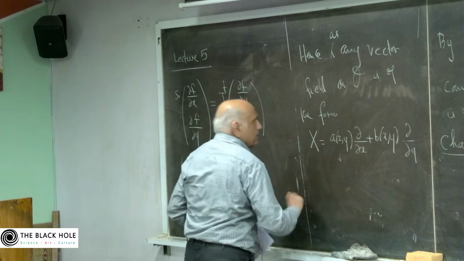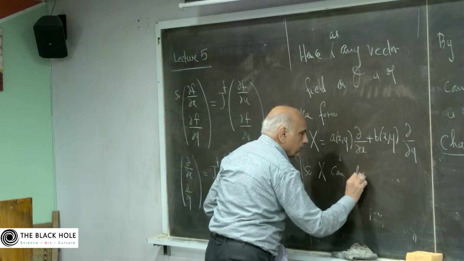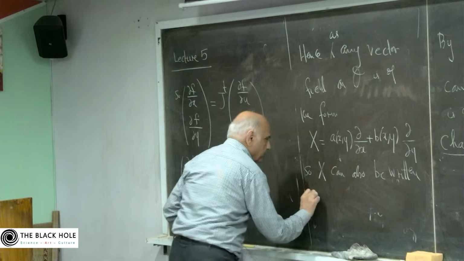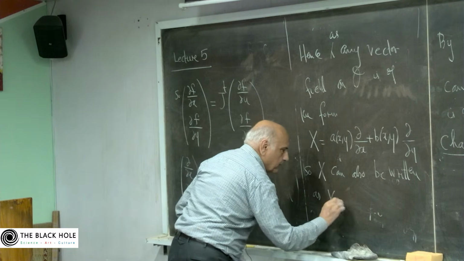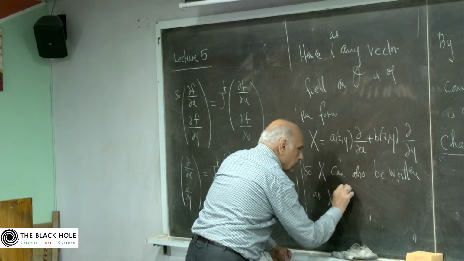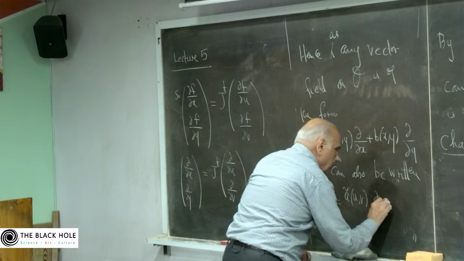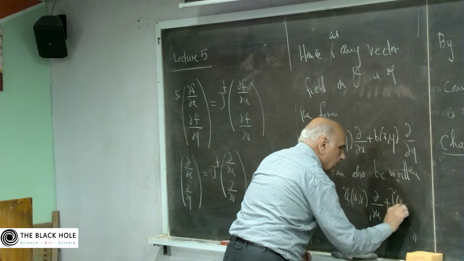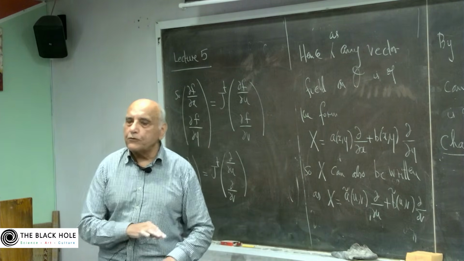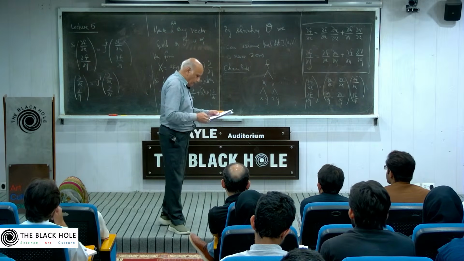So X can also be written as X equals some function, let's call it a tilde (u,v) partial by partial u plus b tilde (u,v) partial by partial v. This is the great freedom you get: I can choose coordinates and simplify my vector field as much as I like.